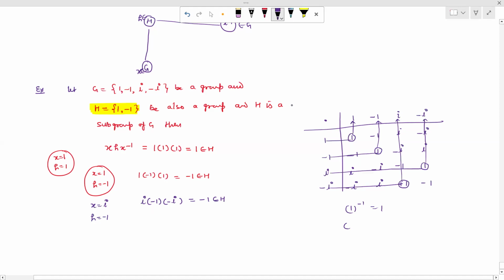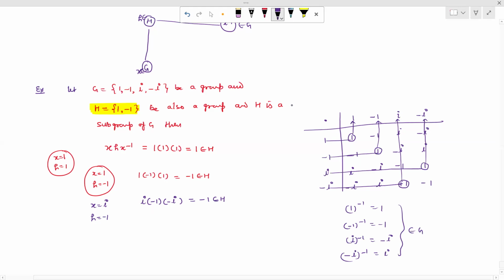The inverse of -1 is -1. The inverse of iota is -iota. The inverse of -iota is iota. So all these also belong to G.